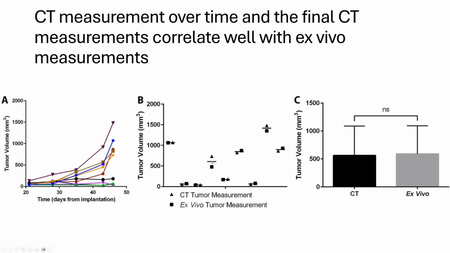And there's only one animal where we had some discrepancy, and again, that was fairly small. And so if we actually calculate the tumor volume using CT and using the calipers ex vivo, we saw absolutely no difference in that tumor volume between all of the animals that we measured. So this is telling us that the CT measurement is fairly accurate.